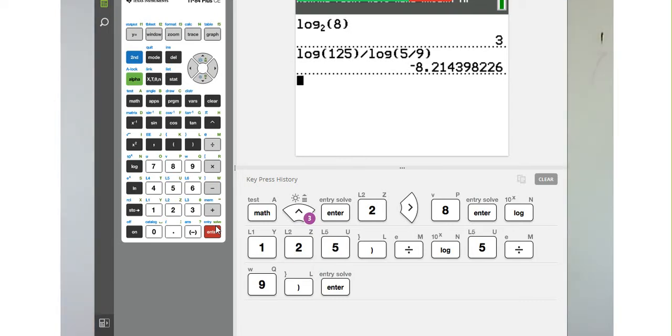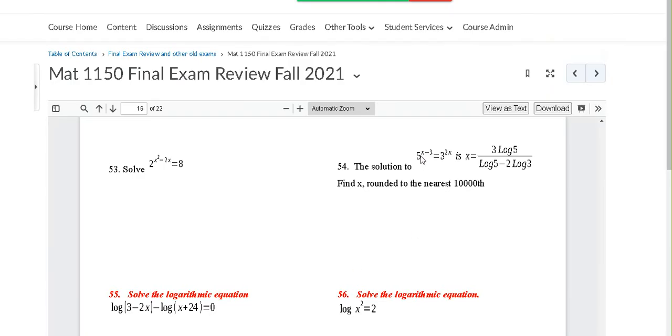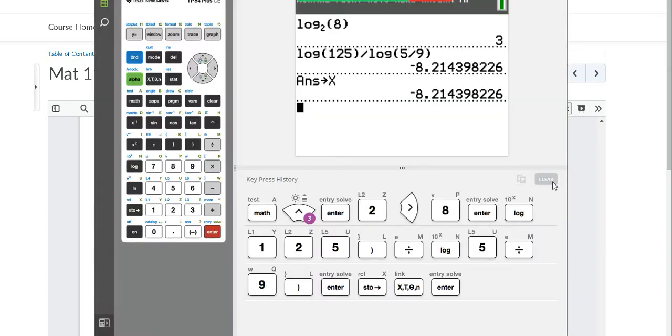Okay. Let's keep going unless there's comments or thoughts on that one. You can actually double check that works. If you were to store that value, say in x, you could check that it worked in the original problem by doing 5 to the x minus 3 and compare it to 3 to the 2x. So here's what that would look like.